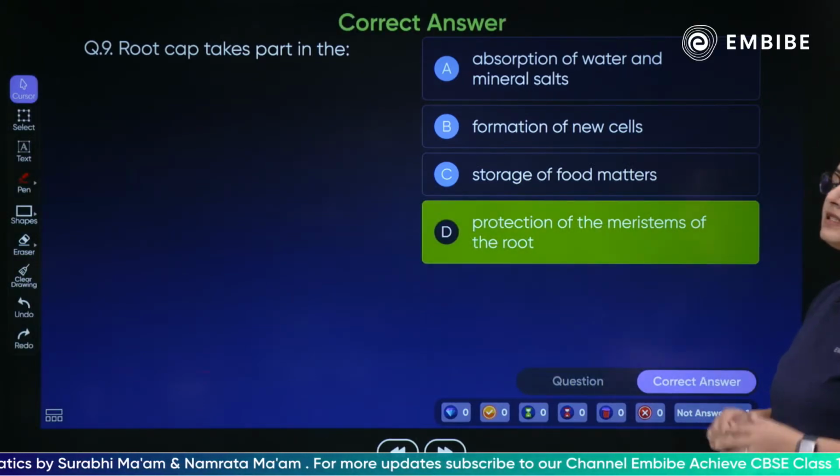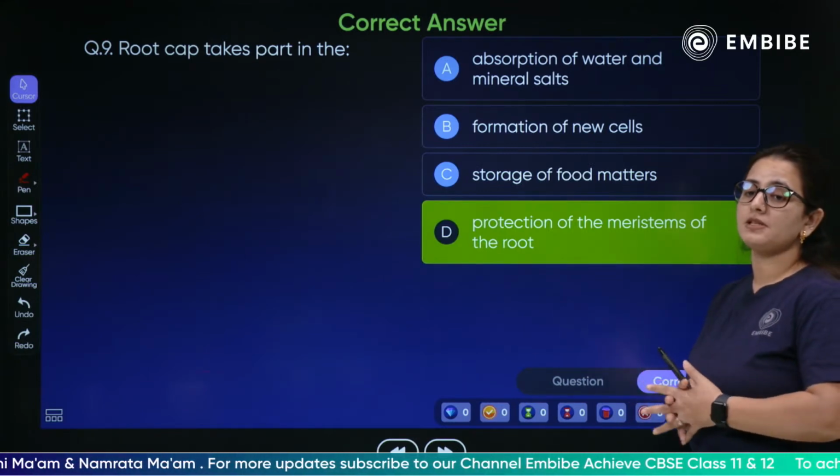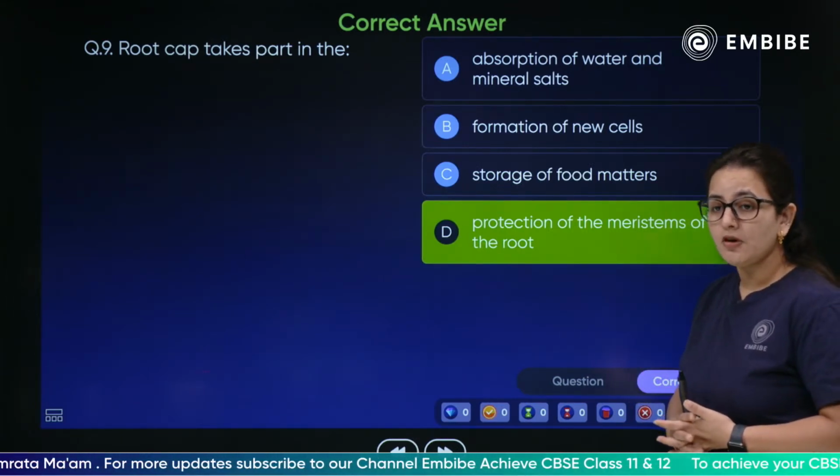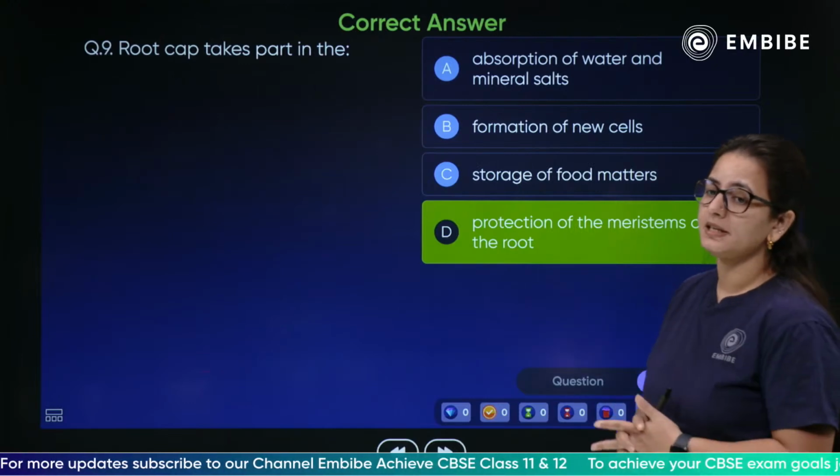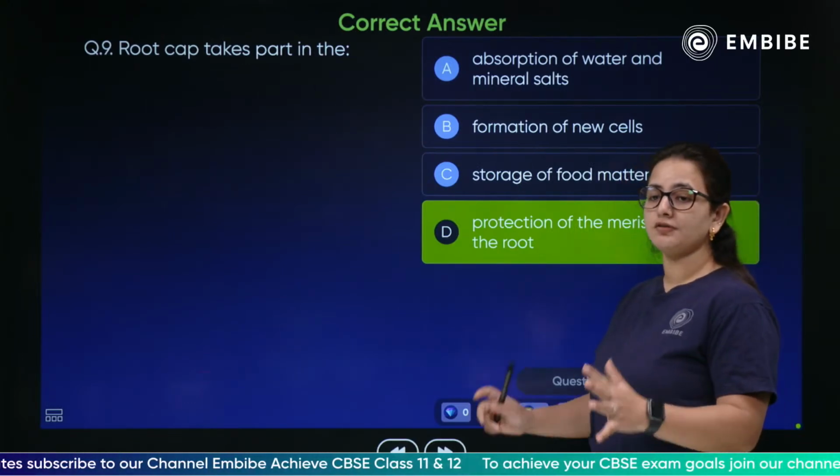The correct answer is: the function of the root cap is to protect the meristem of the root.